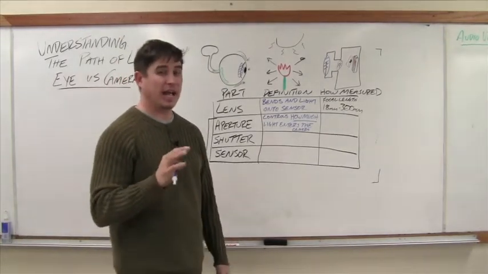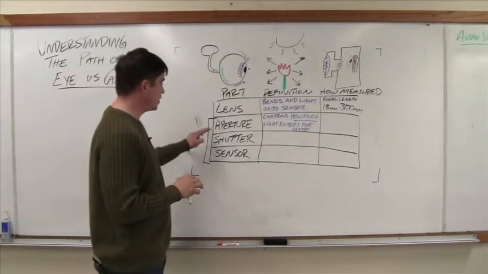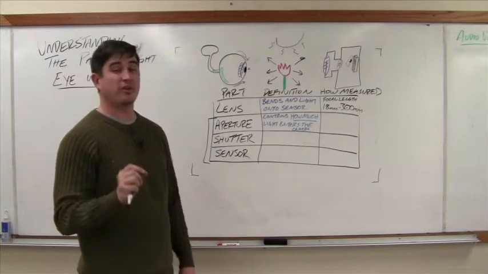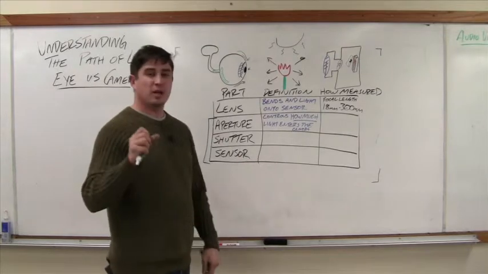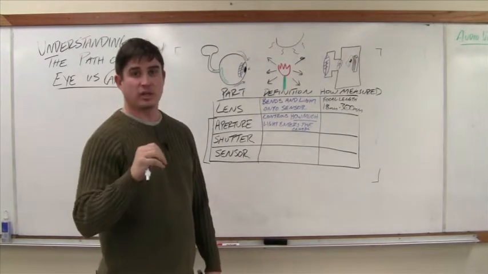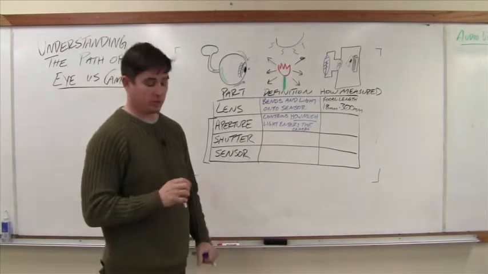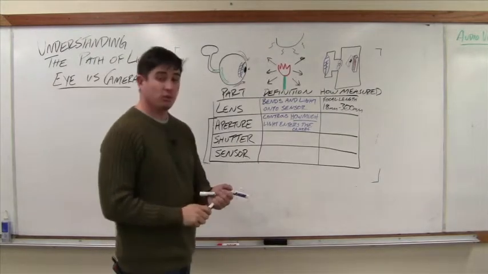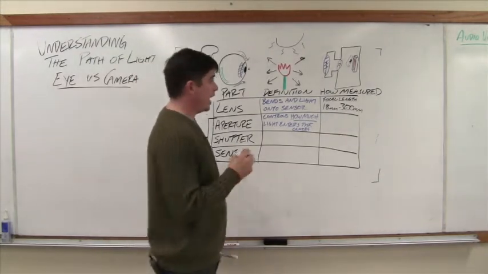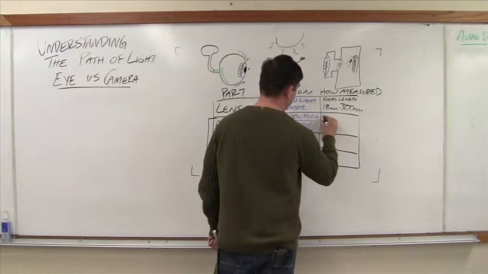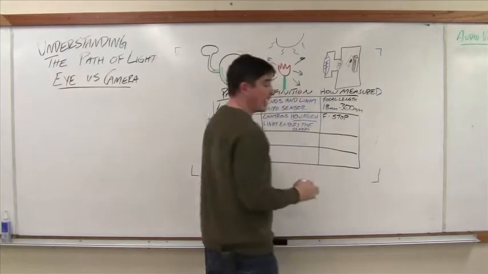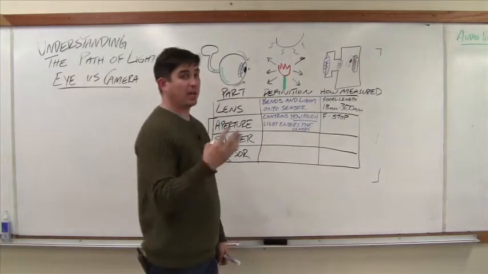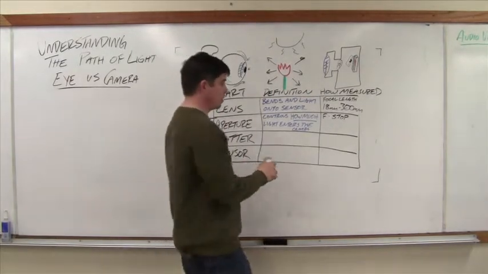Now I've underlined how much because the definition for aperture and shutter are going to be very similar. But when you think about aperture, think about it as a value to how much light is entering the camera. And that value is called f-stops. And this is normally identified by an F and then a number.